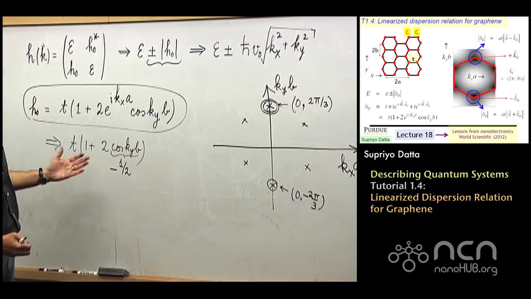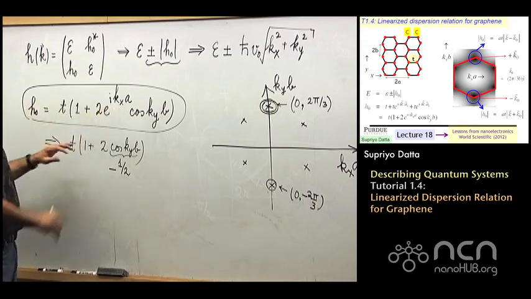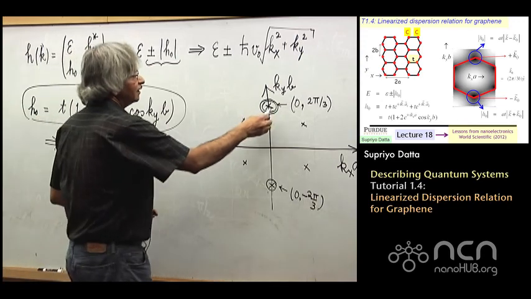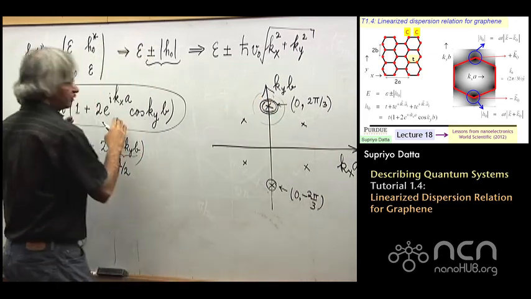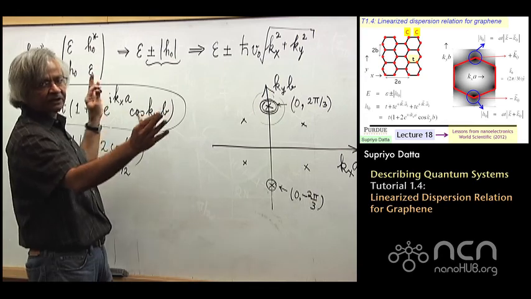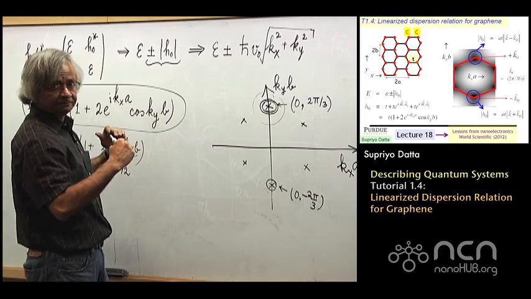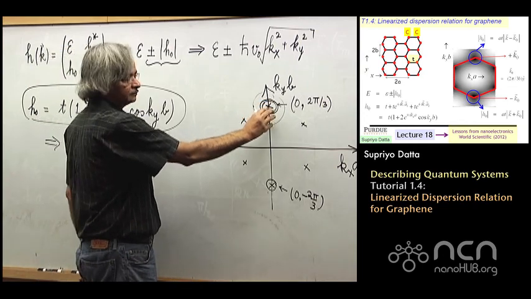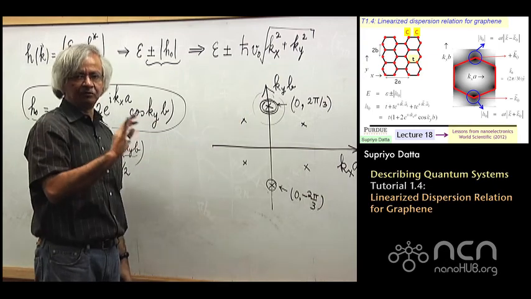What we now want to do is get an approximate expression for this, which is valid in the vicinity of this point. So we have a general expression that works no matter what Kx and Ky are, and what we want is a simple expression that works in the vicinity of that point. So we'll go to that point and linearize it around that.